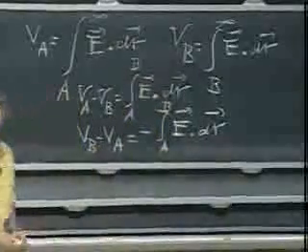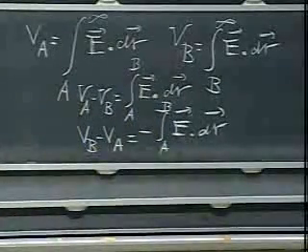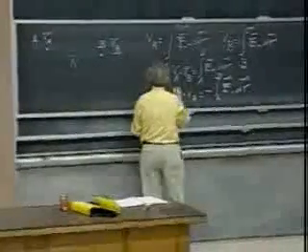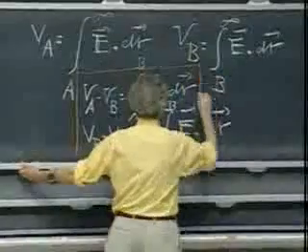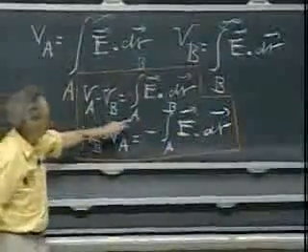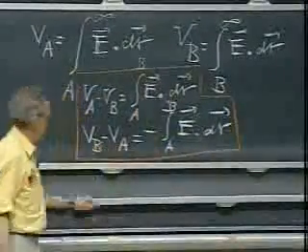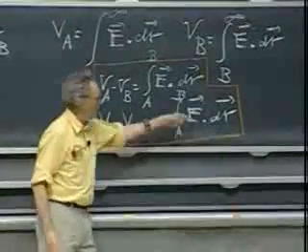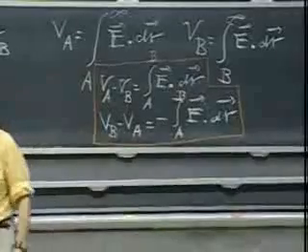But it is exactly the same. Hope you realize that. The two equations that I have here are the same. VA minus VB is the integral from A to B of E dot dr. If I flip this over, then all I have to do is put a minus sign here, and the two are identical.